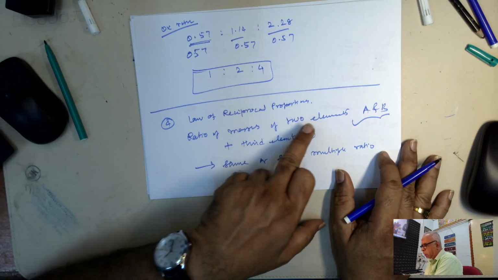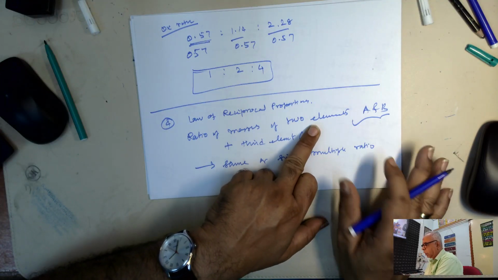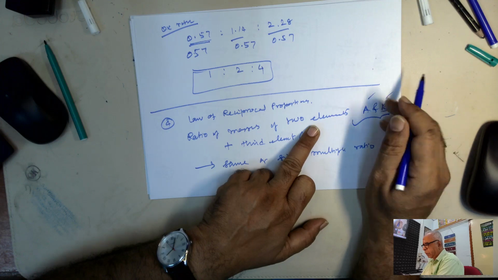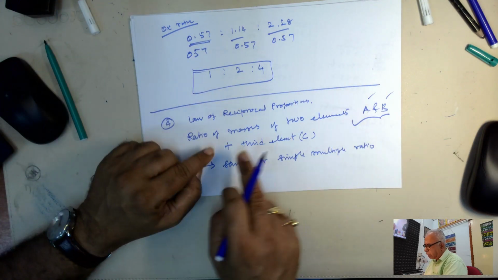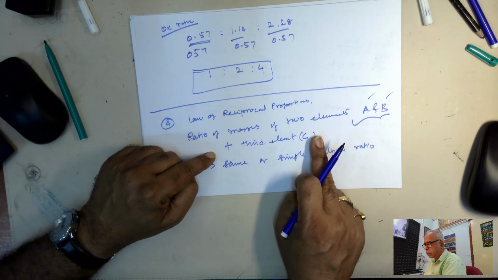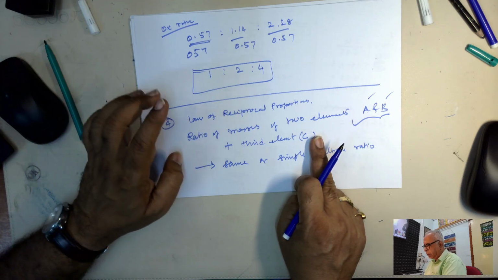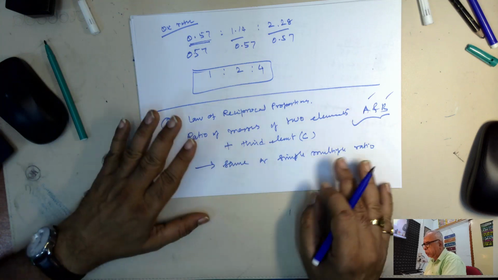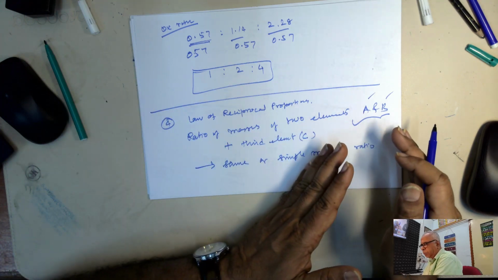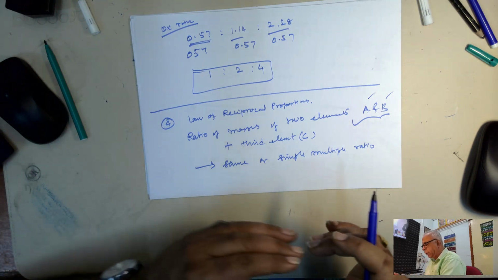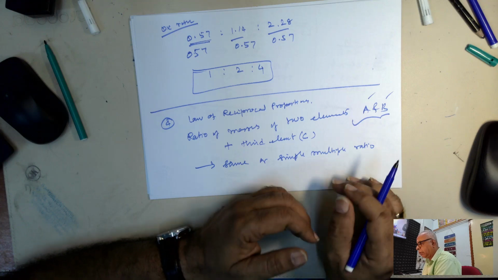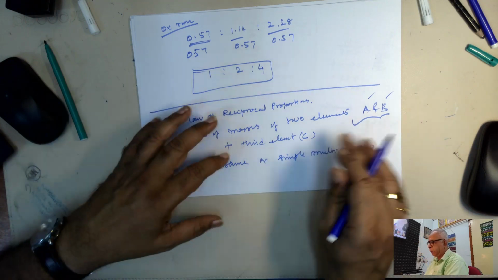The ratio of masses of two elements, A and B, they are combined, and they further combine with another element C, either in the same ratio or in a different simple multiple ratio. So the ratio of the resulting mass in which A and B combine directly with each other.